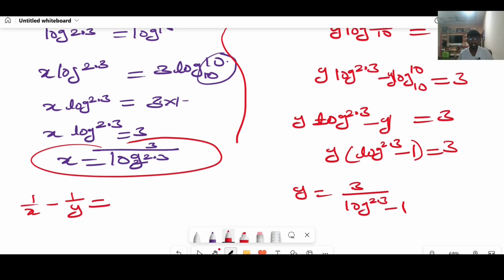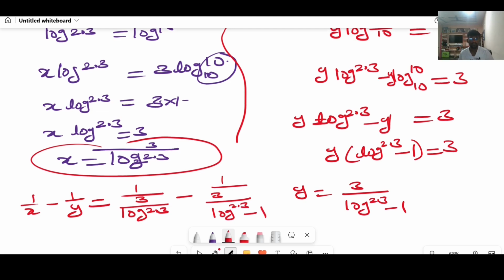Look here, 1 by x is 1 by (3 by log 2.3), minus 1 by (3 by (log 2.3 minus 1)).